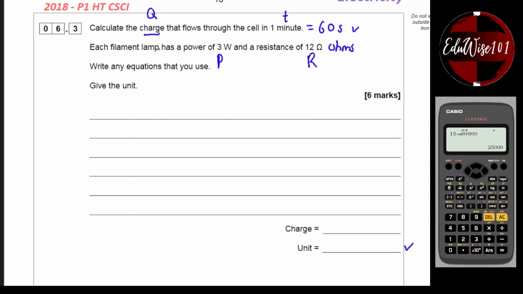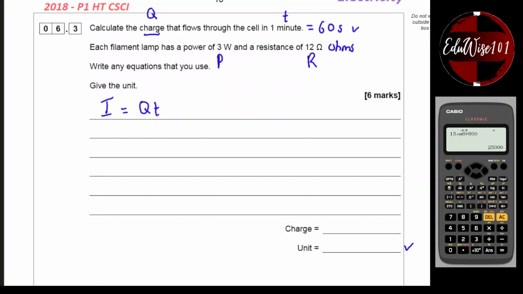In order to find the charge using the time, if I know the current, then I can use Q equals IT.